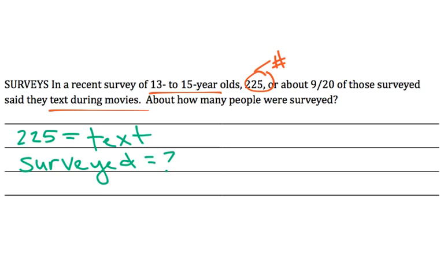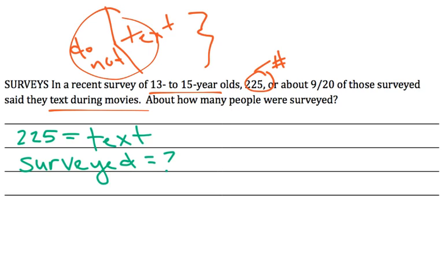And if I think about this, well, that means that if I were to draw a pie chart, some fraction a little bit smaller than half text, while the other chunk do not, and then the entire chunk again, and then the other chunk is all that were surveyed. And this is in red just to help you clear things up if you're thrown off by the word problem at all. Okay, let's check this out. How many people were surveyed? So 9/20ths of some number.